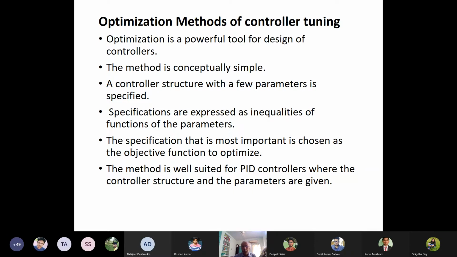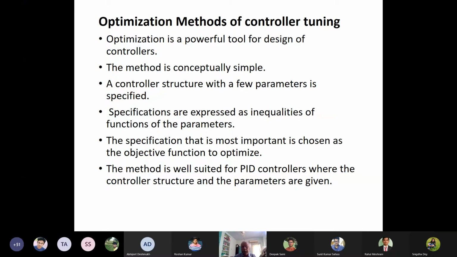Normally, for controller tuning, what we can do is we can specify a controller structure with few parameters. Here I am talking of controller structure which may be PID or may not be a PID. Any type of controller structure I can specify with some parameters. These specifications are expressed as inequalities functions of the parameters.